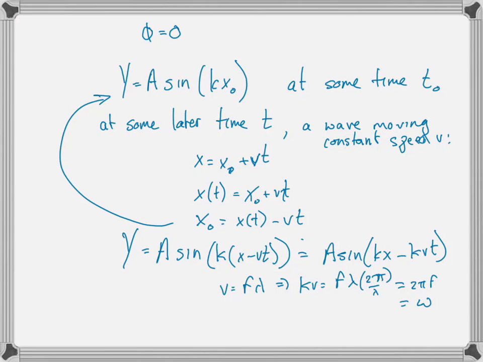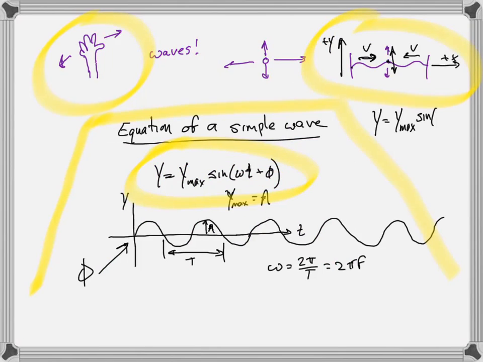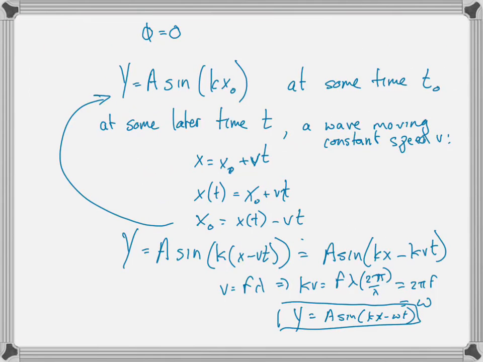So what we get is y equals a sine of kx minus omega t. And the a is just y max, right? Okay, so that is the equation that includes both the spatial dependence and the time dependence of the wave.